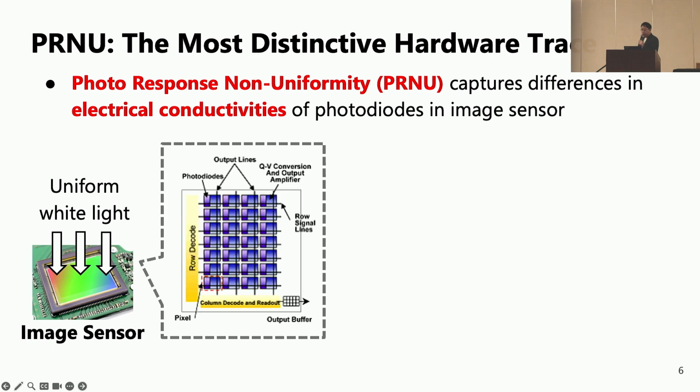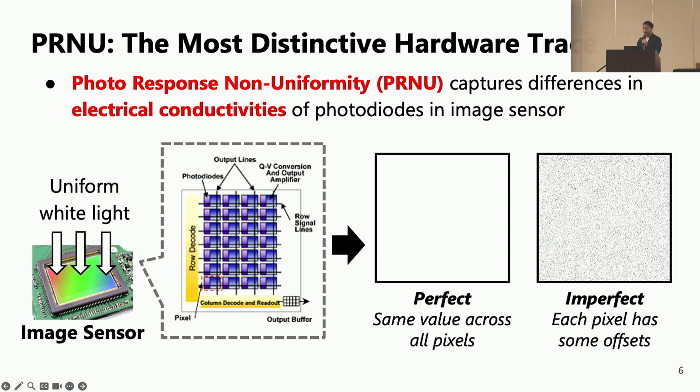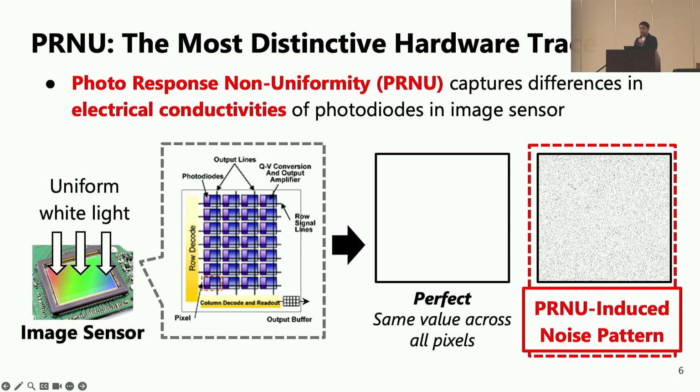In an ideal case, if every photodiode were perfectly made, they would produce the same voltage, resulting in identical pixel values across the image. But in reality, slight variations in electrical properties cause each photodiode to respond a bit differently. This leads to small differences in pixel values, creating a unique noise pattern, the PRNU-induced noise pattern.